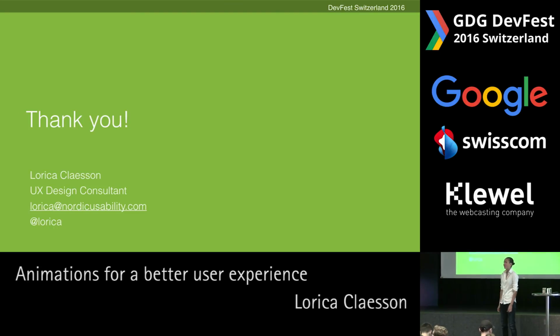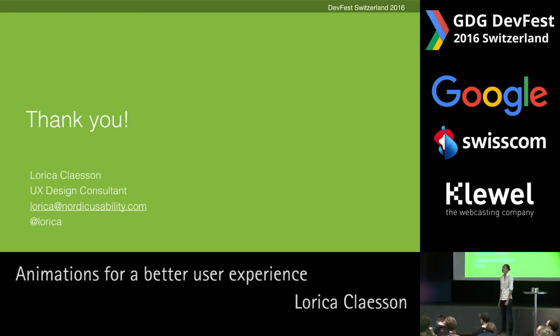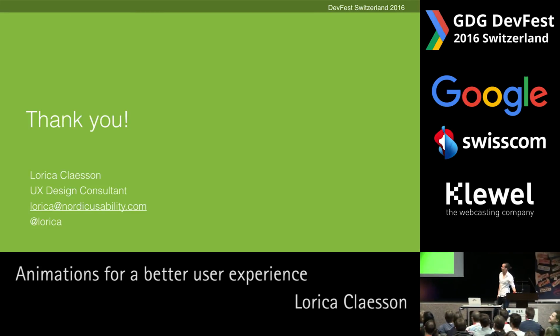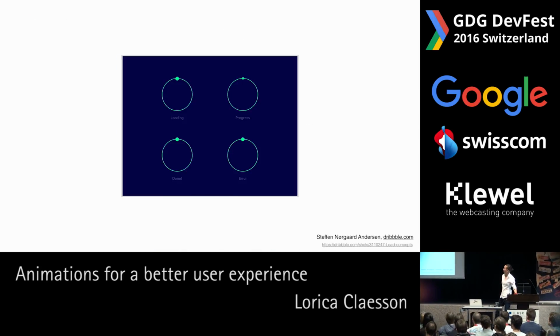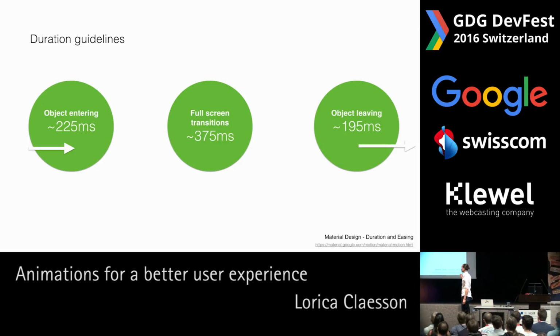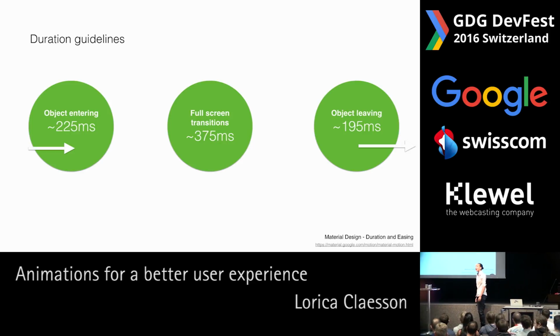Hello, I might have missed it, but the numbers you've shown for the animations, the entering ones and the exiting ones, are they based on some research? Is it ad hoc, or is it based on your experience? No, so I hope they are based on research because they are part of the material design guidelines.